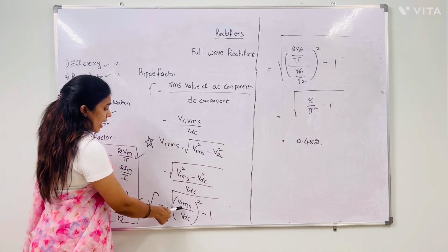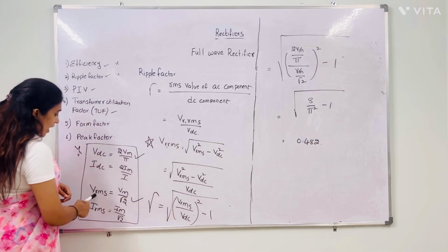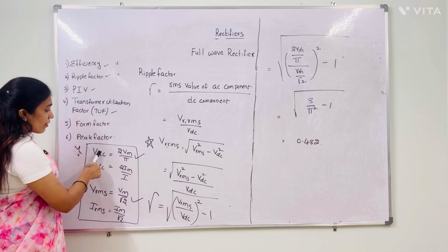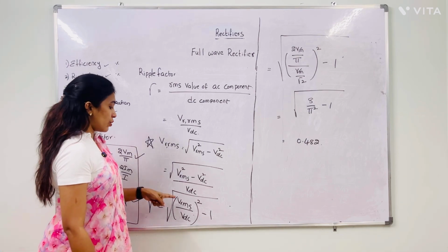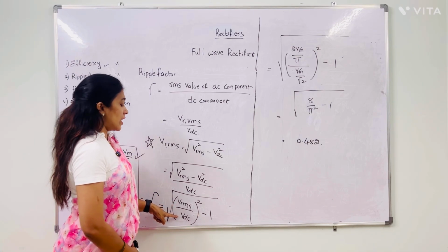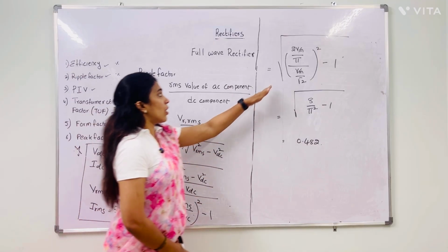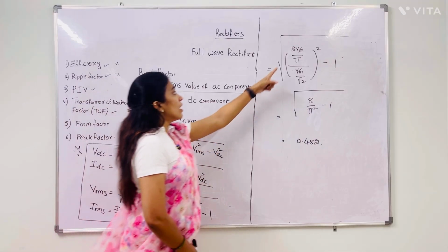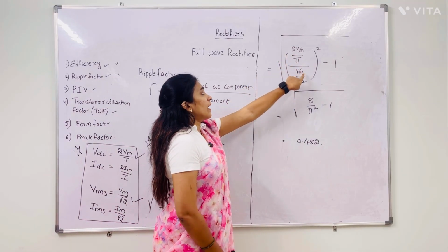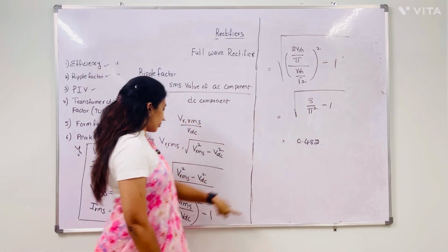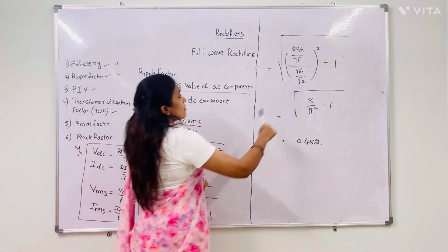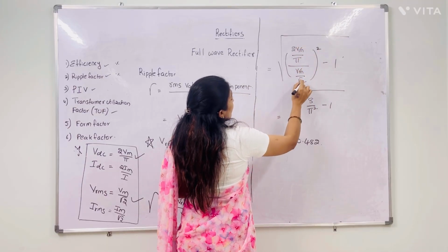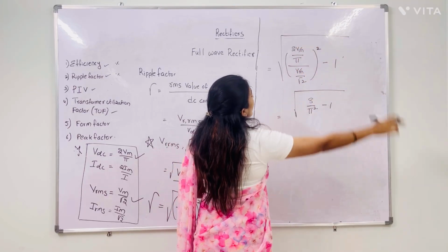We know the formulas: VRMS is Vm by root 2 and VDC is 2 Vm by pi. Substituting them, we get under root of (Vm by root 2 divided by 2 Vm by pi) whole square minus 1.